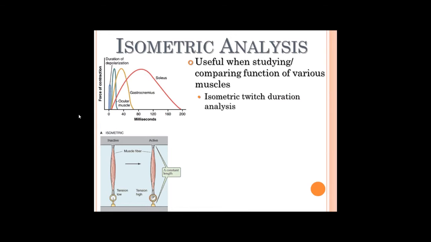What's interesting is that the twitch duration of, for example, the ocular muscles of the eye is very short and corresponds with its function, which is to allow rapid and precise movement of the eyes. Whereas the soleus muscle, which is in the calf, doesn't have as quick of an isometric twitch duration, which corresponds to its function to help maintain balance of the body.